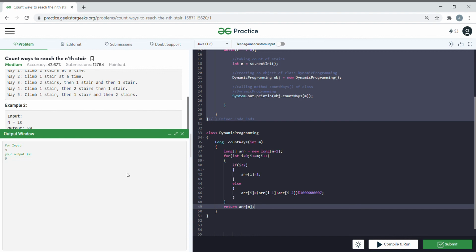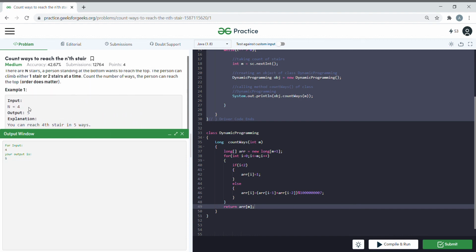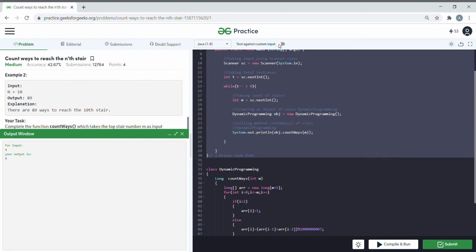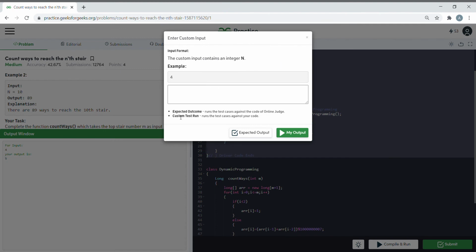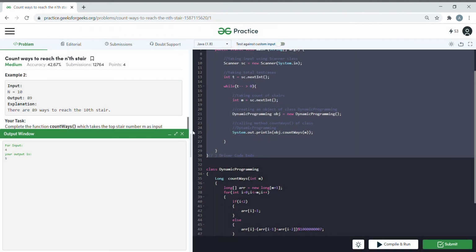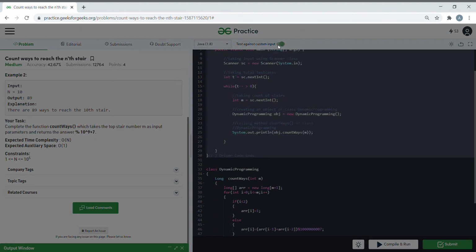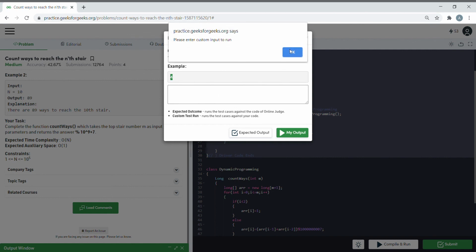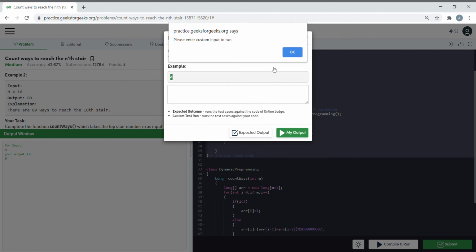The input is n equals 4 and the output is 5. So we're getting it. Before submitting, let's check others.